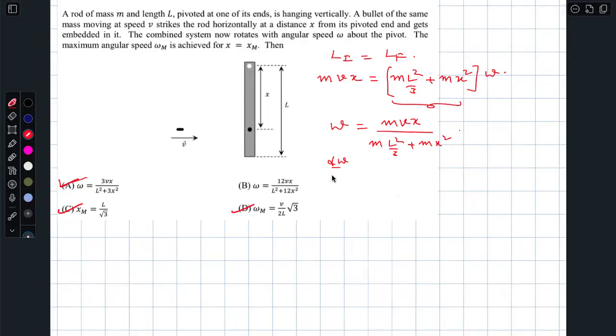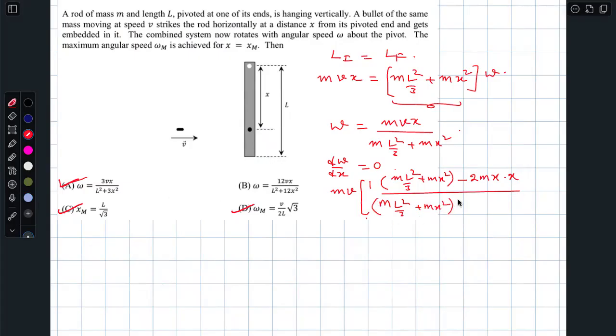So you want the condition d omega by dx is equal to 0. For this, differentiation of x is 1, minus denominator differentiation into x, equals zero.